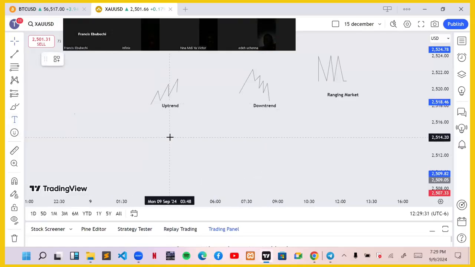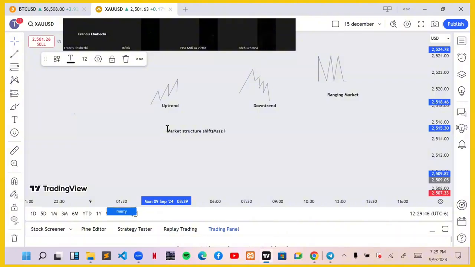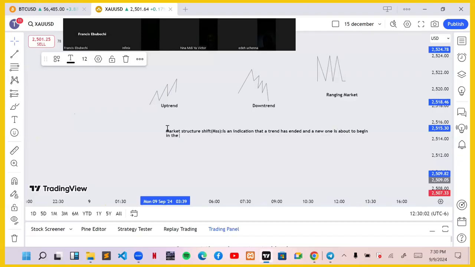A market structure shift is an indication that a trend has ended and a new one is about to begin in the opposite direction. This is what the market structure shift is.